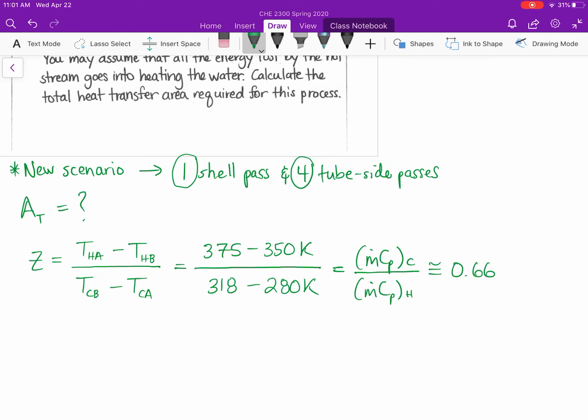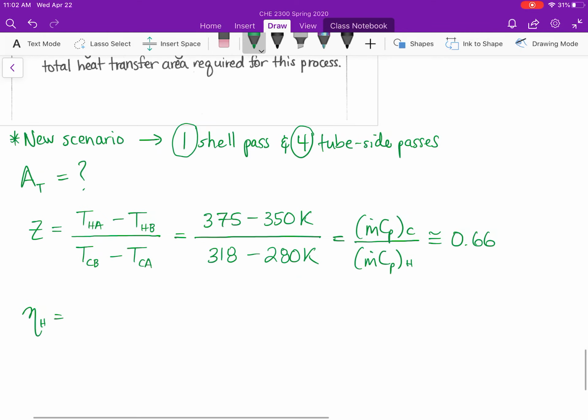Okay, so we have Z. The next thing we need to calculate is eta sub h. Our eta sub h is equal to the actual temperature rise of our cold stream divided by the maximum possible rise that our stream could achieve, which is the difference between the hot stream entering and the cold stream entering the heat exchanger.